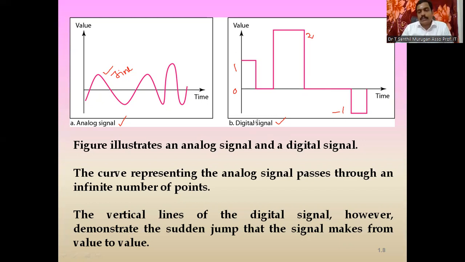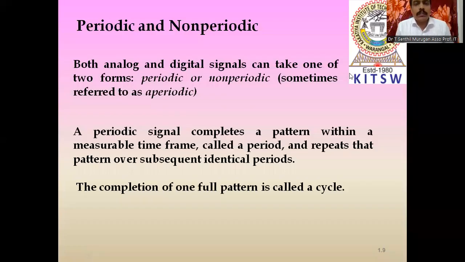This is the digital signal. But the curve representing an analog signal passes through an infinite number of points. We don't know how many points are there in the connection of these lines; the values are continuous.